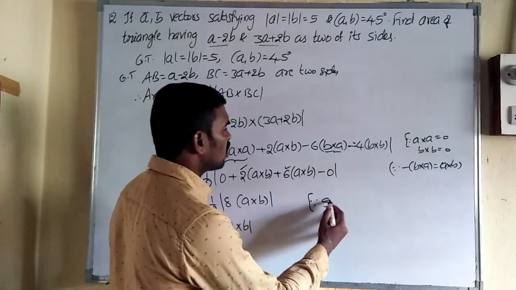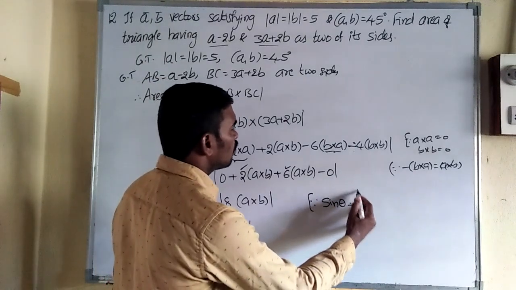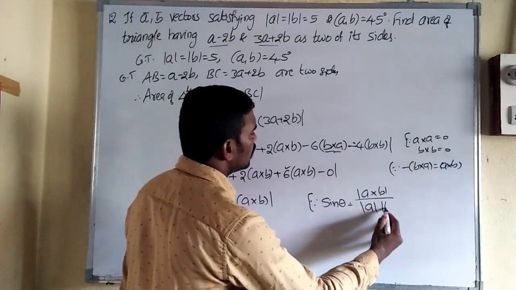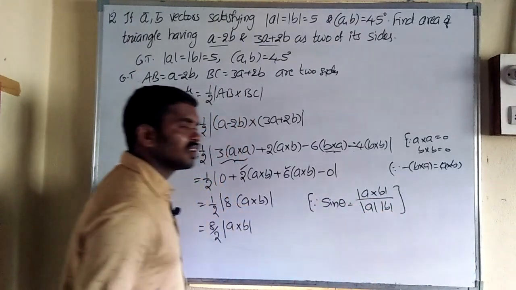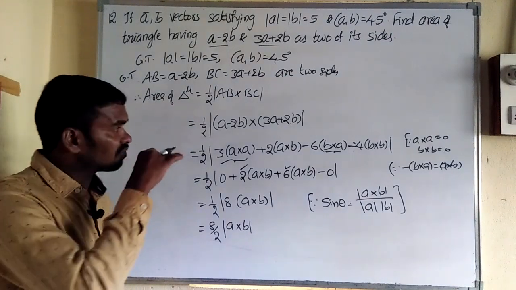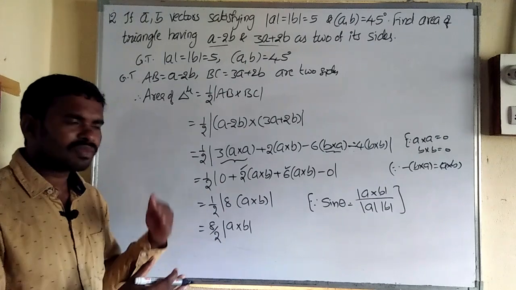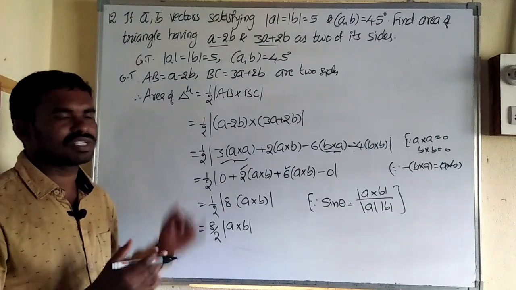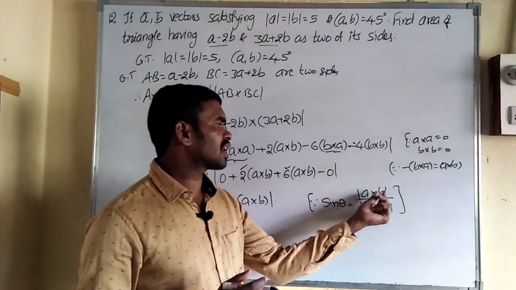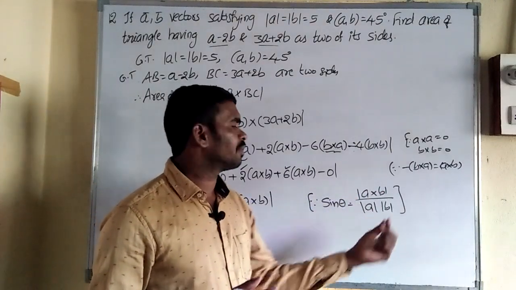Similarly, the sin theta formula also is there, that is modulus a cross b by mod a mod b. You should remember these formulas. After completing the 2 marks questions or the 4 marks questions, I will revise all the formulas once again, no problem.